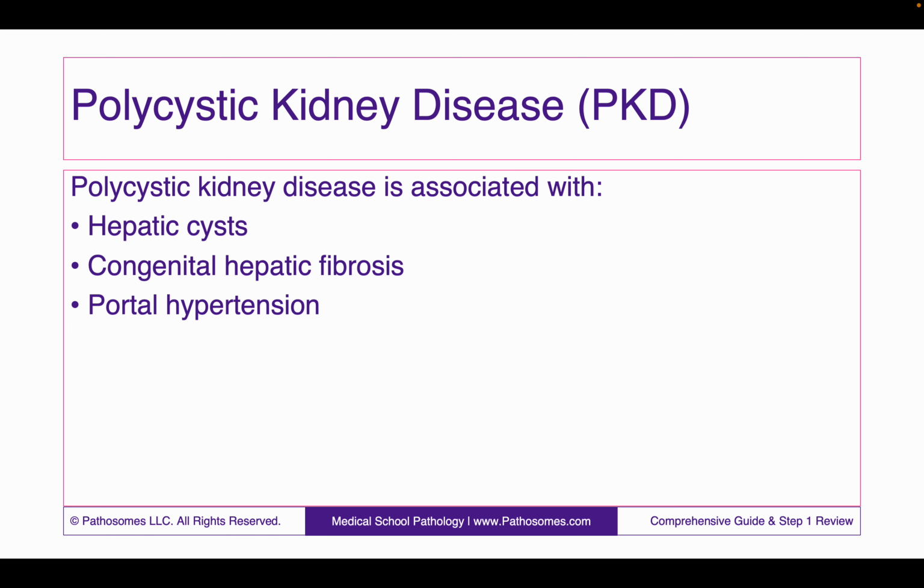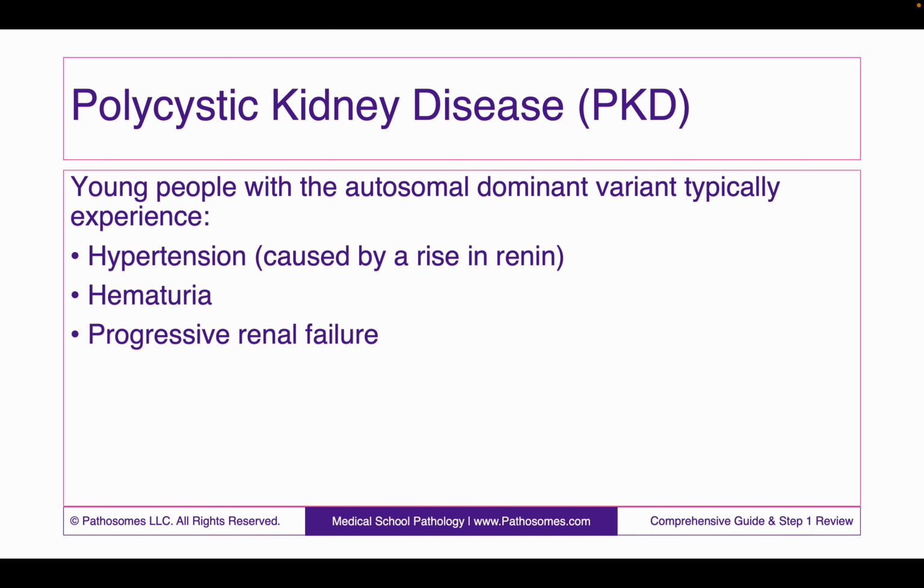Polycystic kidney disease is associated with hepatic cysts, congenital hepatic fibrosis, and portal hypertension. Young people with the autosomal dominant variant typically experience hypertension caused by the rise in renin, as well as hematuria and progressive renal failure.